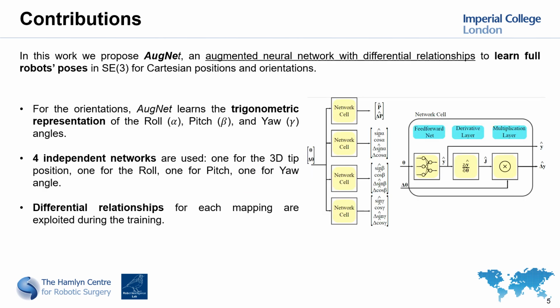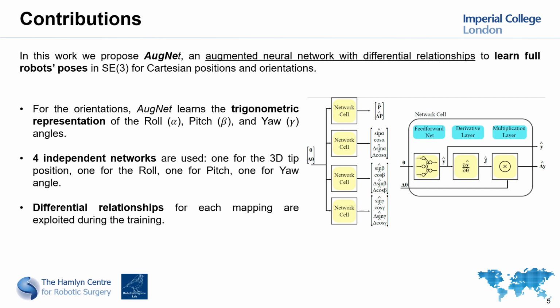So what we present in this work is AugNet, an augmented neural network with differential relationships to learn full robot poses in SE(3), for Cartesian position and orientation. Because of the discontinuities in the orientation, we propose to use a trigonometric representation for learning orientation, and in this work we focus on roll, pitch, and yaw angles.